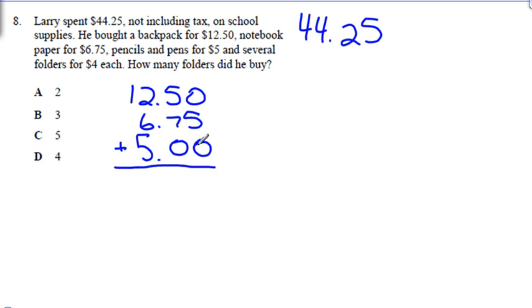If we add that together, 0, 5, and 0 makes 5. This is 12, carry the 1, bring down our decimal. That's 8, 9, 14, 24. So we can say he spent all this money, so we can take that away from the total.